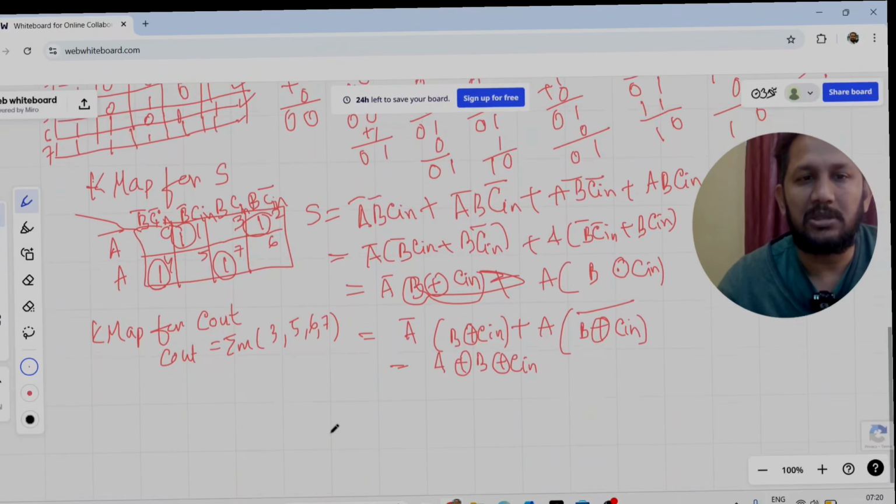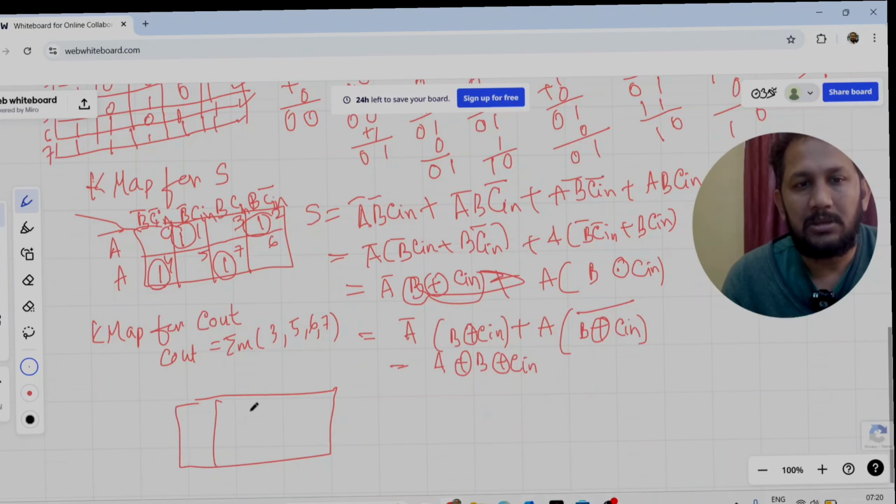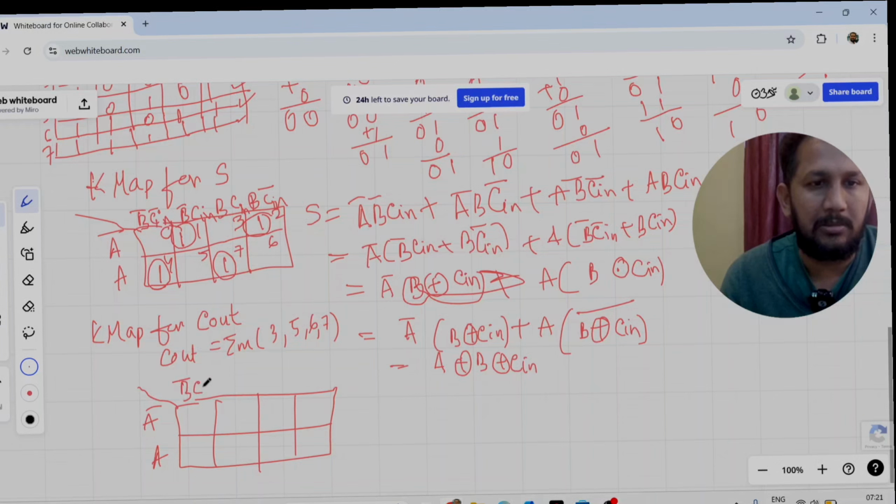Construct the K-map for this 3, 5, 6, 7. There are 3 variables, so there will be 8 combinations of values. A bar, A, B bar C in bar, B bar C in, B C in and B C in bar. 0, 1, 2, 3, 4, 5, 6 and 7.